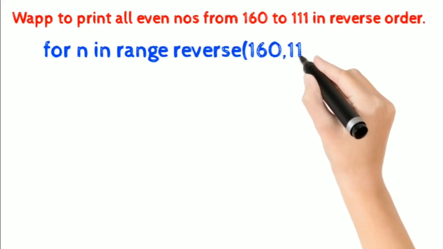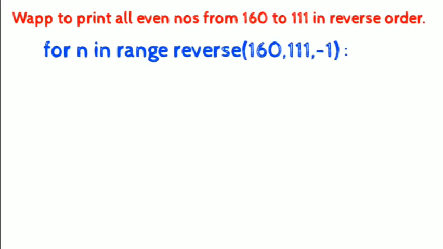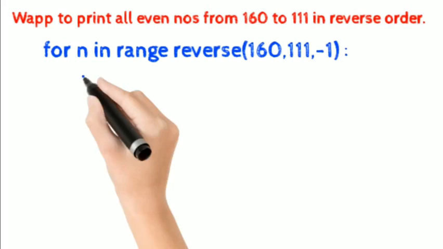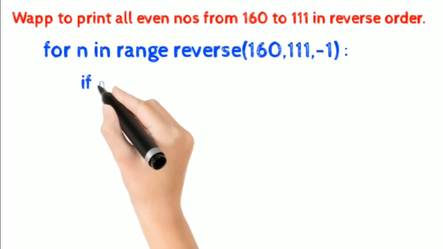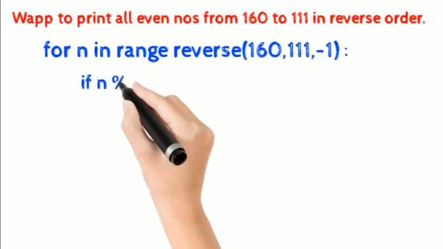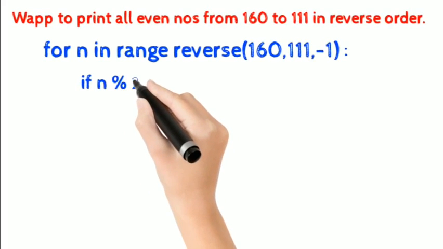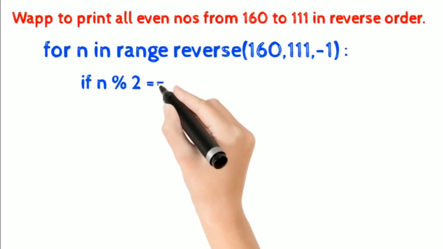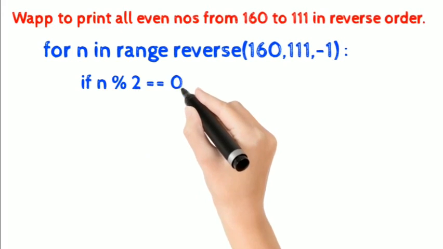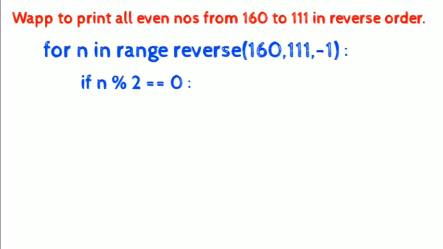So here the command is written: for n in range reverse, that is 160 comma 111 and -1, as it is going in reverse order. The reverse keyword has been used with range. Then the if conditional we have used: if n modulus 2 equal to 0, where equal to is the comparison operator.